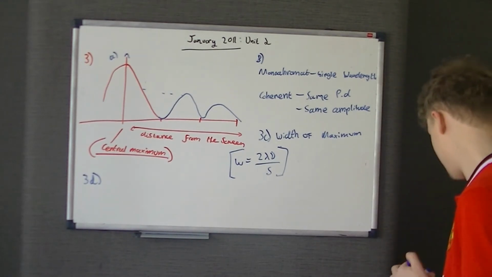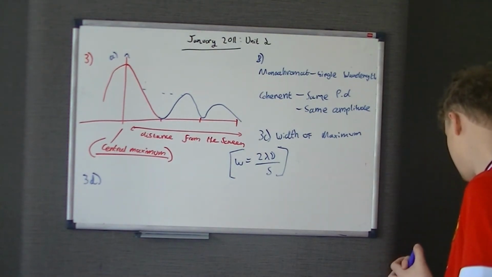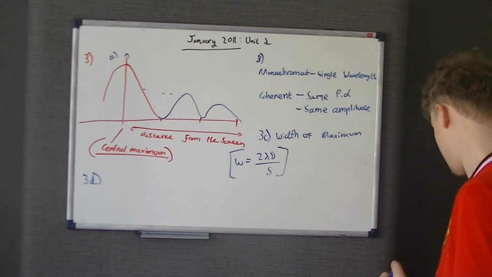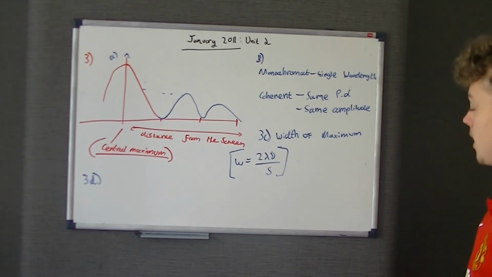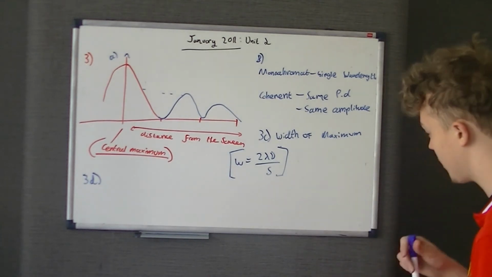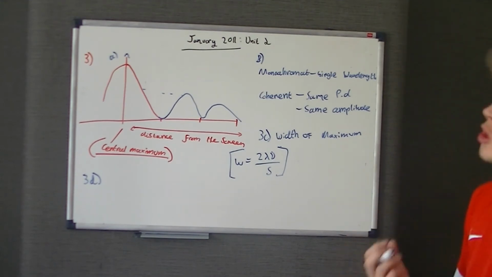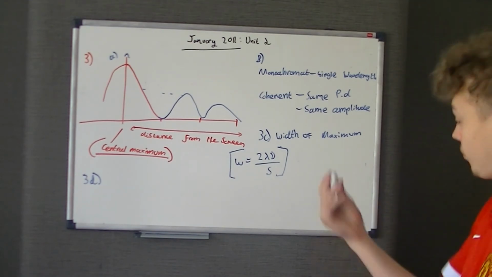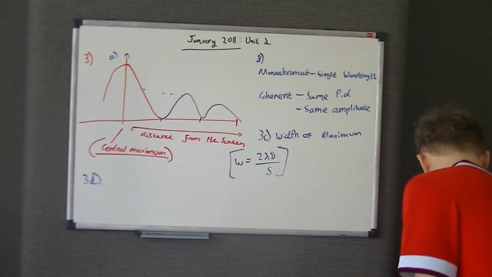So it says, describe, 3D, state 2 ways in which the appearance of the fringes would change if the single slit was made narrower. Now the slit width is S, so if S is made smaller, then the fringe spacing increases, so the width of the maximums would also increase.